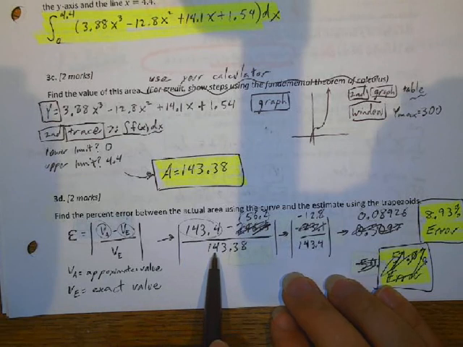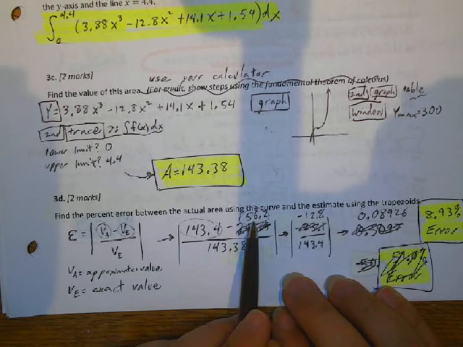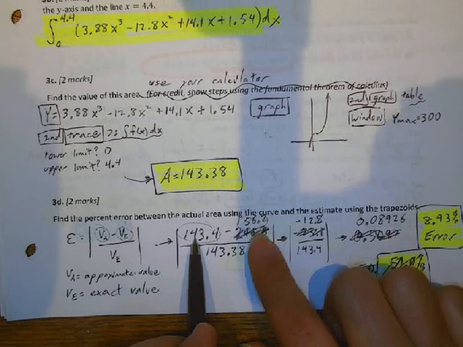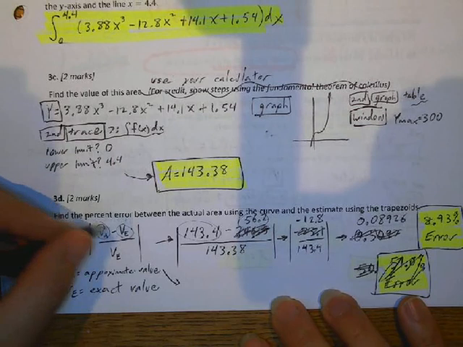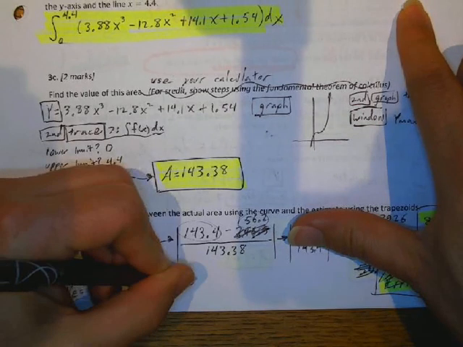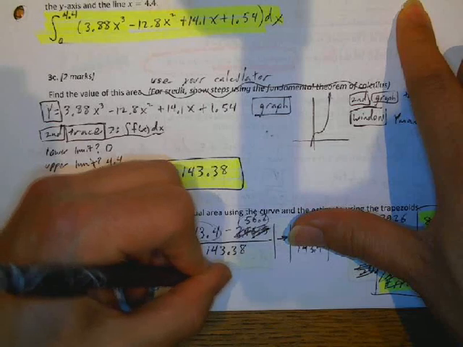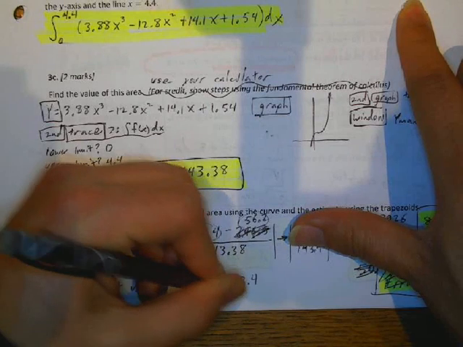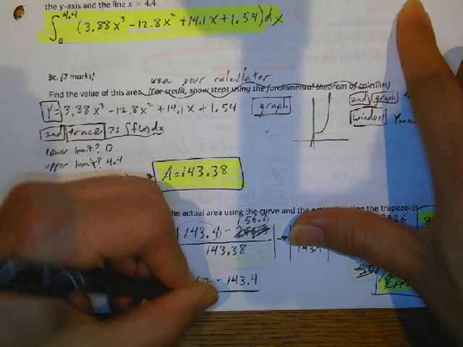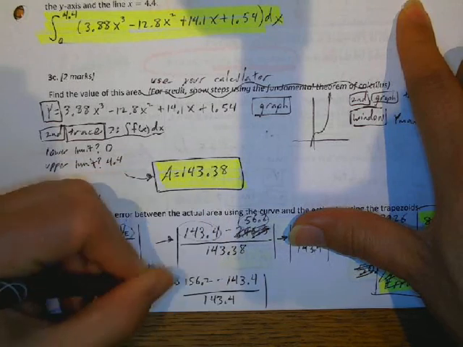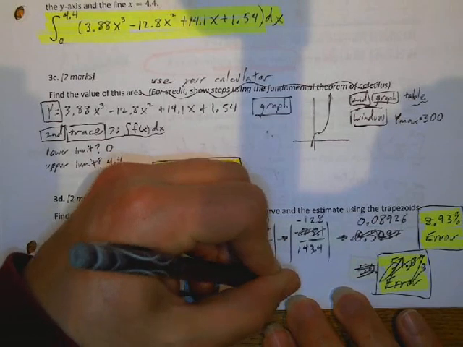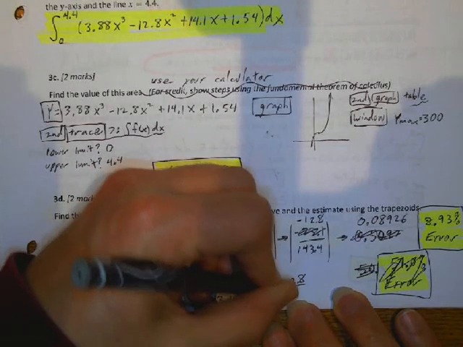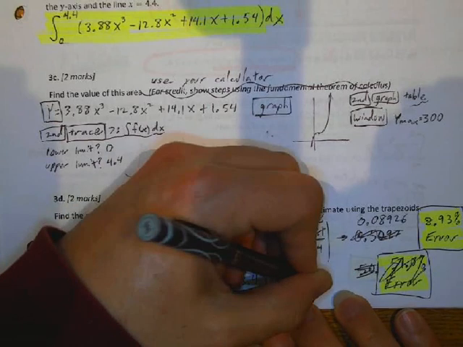This is the exact. I switched these two on the paper by accident. Let me just rewrite it correctly. It should have been the approximate, which is 156.2 minus 143.4 divided by 143.4. Like I said, you're still going to get the same answer, because this minus this is going to give me 12.8 over 143.4, which is still going to give me this answer that I got up here.